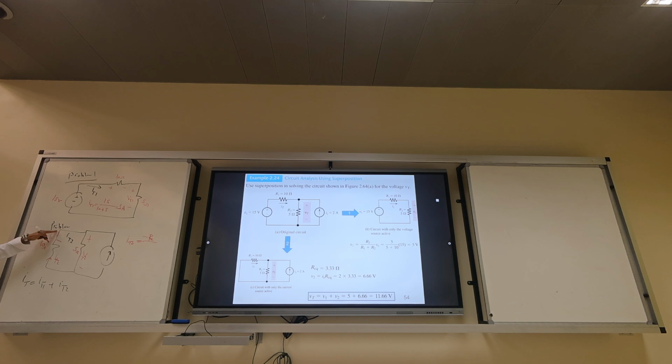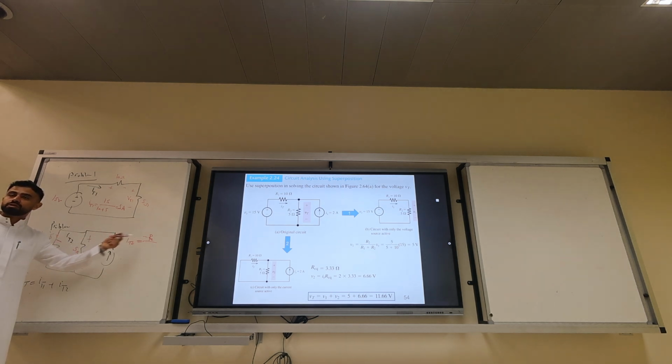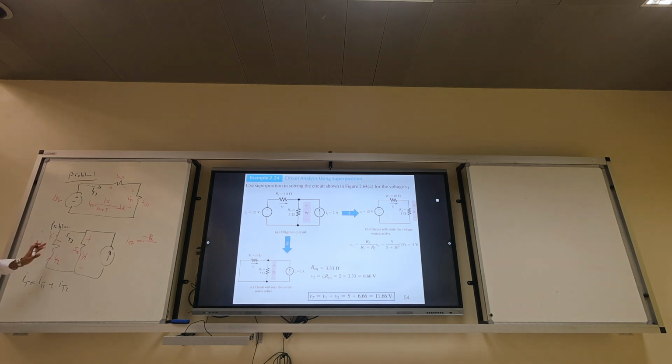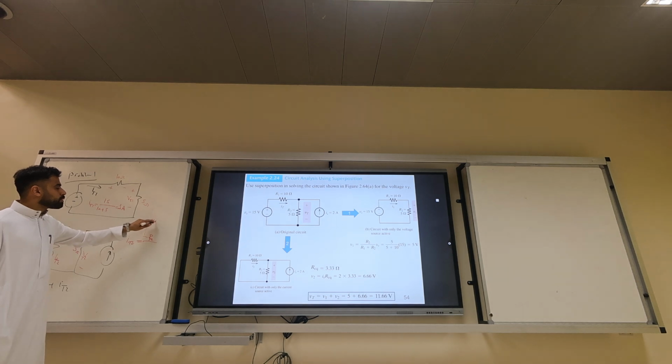The CDR rule applies to the current that's getting split. This negative is not from the passive sign convention. If you reverse the signs of the resistor, then it will be the negative from the passive sign convention. Right now, we put a negative because it's simply the opposite direction.